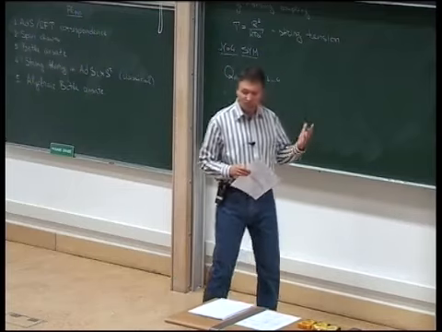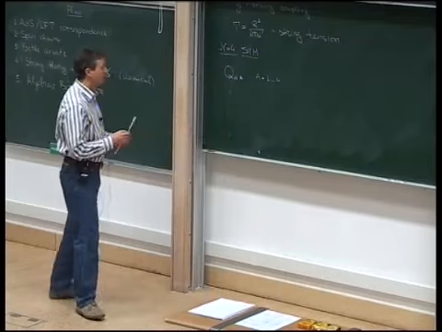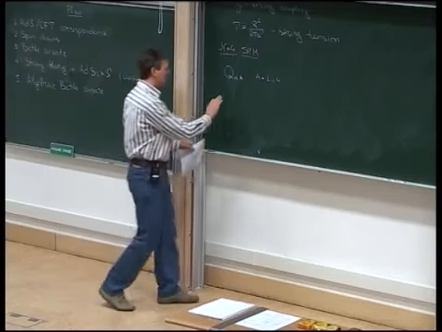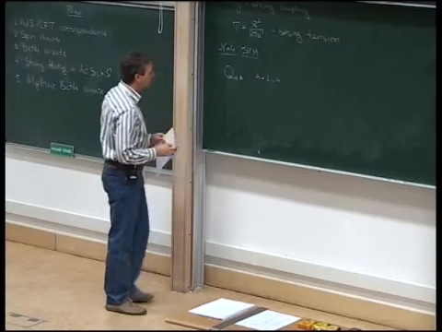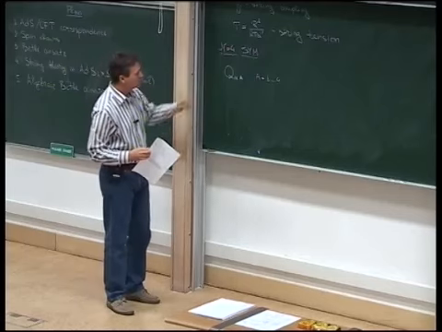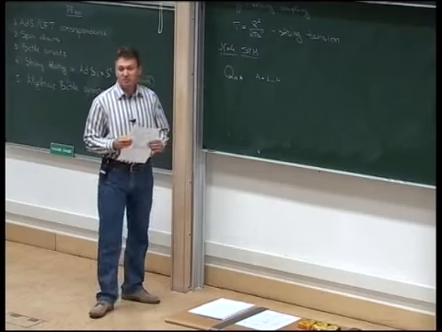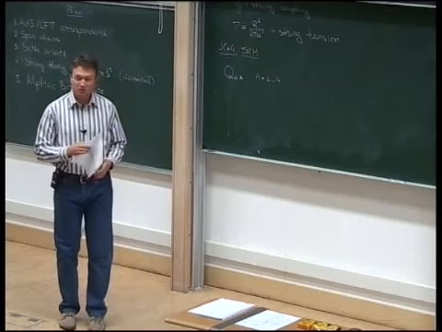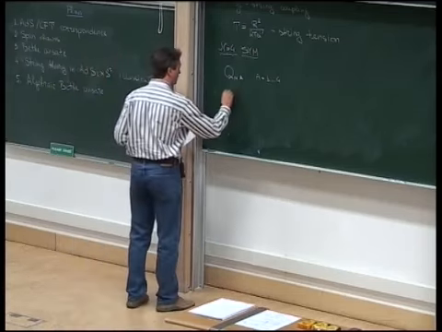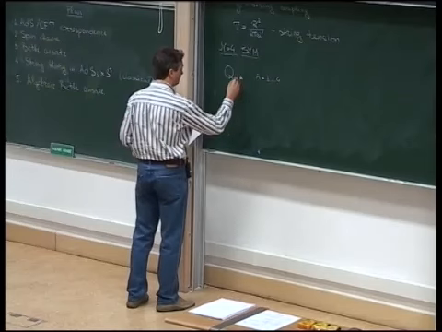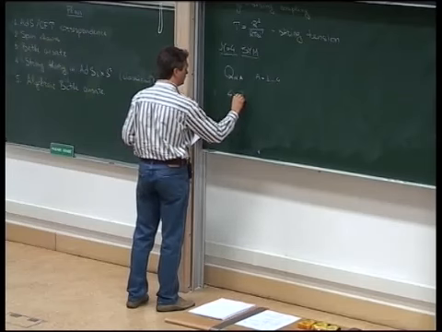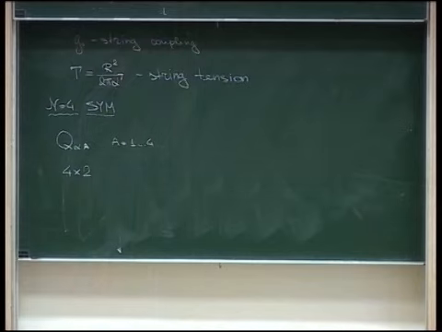Why from 10? One simple explanation is that the number of independent supercharges here is equal to 4. Then if you count 2 independent Lorentz components, it gives 8.